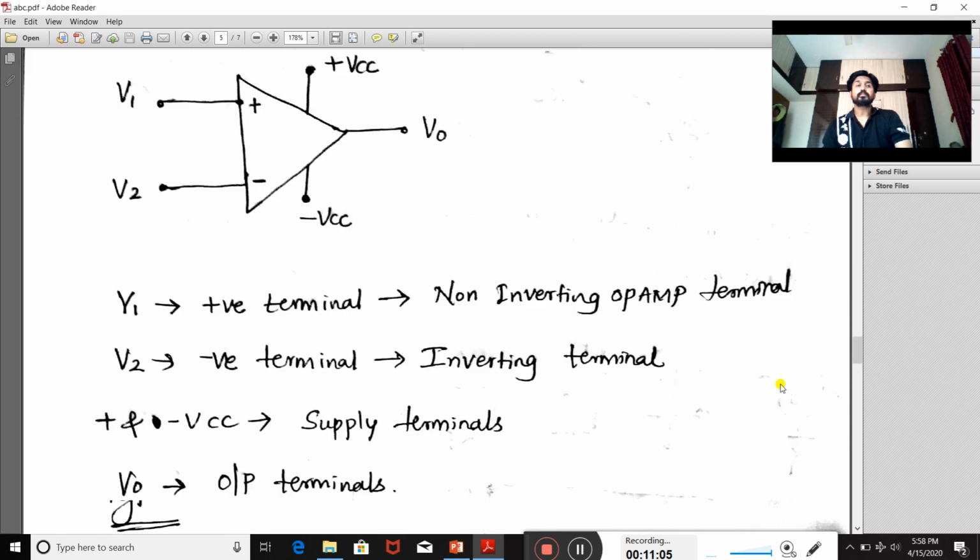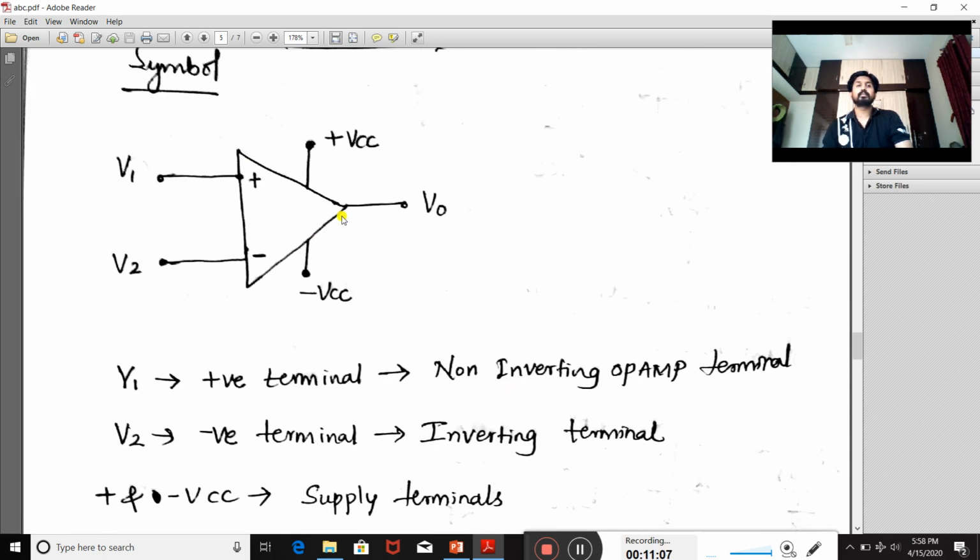So the open loop gain of this operational amplifier is very high. Ideally it is infinite, but practically it is in terms of mega value, a very high value compared with other amplifiers.